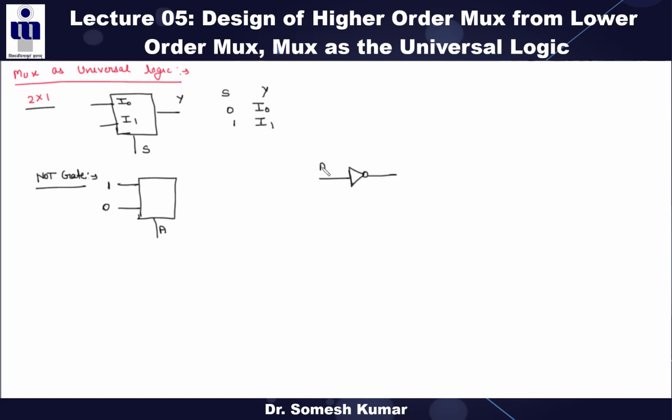And I am saying A is the input, Y is the output, right? So if A is 0, output is 1, and if A is 1, output is 0. So from here we can say if your select line is 0, output is I0, select line is 1, output is I1. So these are now acting as the inputs here, and A is your select line.